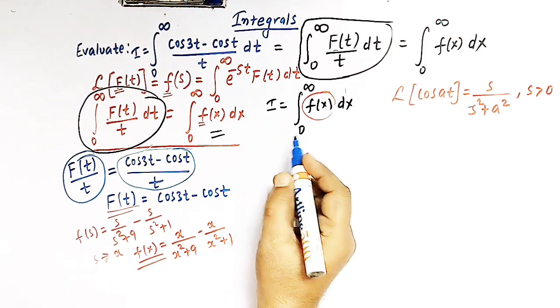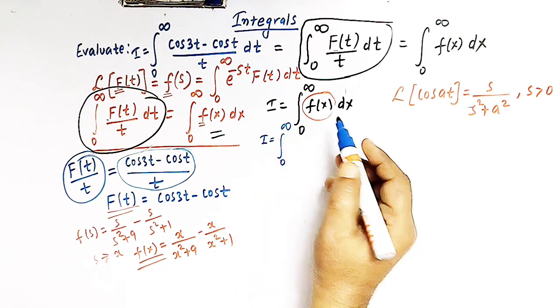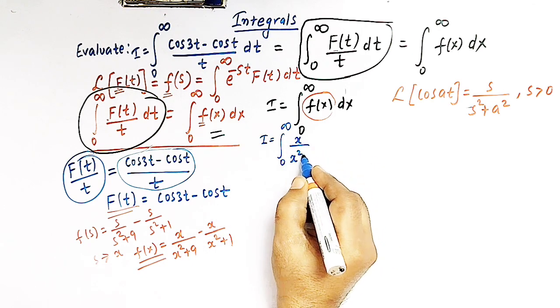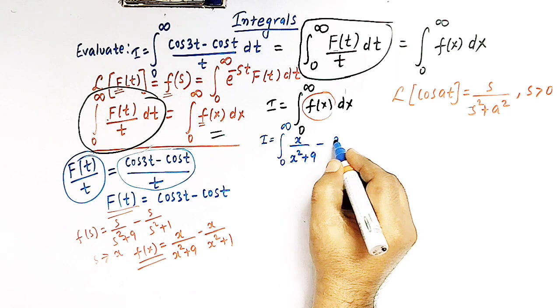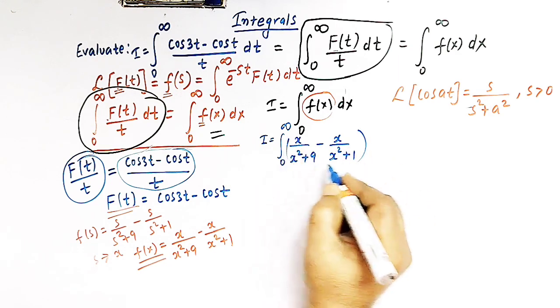So now I can be given by 0 to infinity, and for f of x we have x over x square plus 9 minus x divided by x square plus 1 dx.